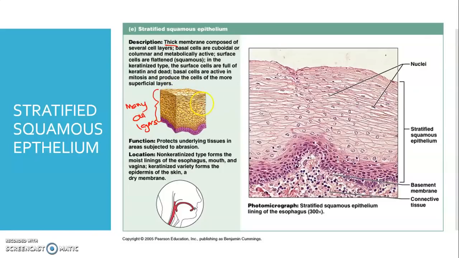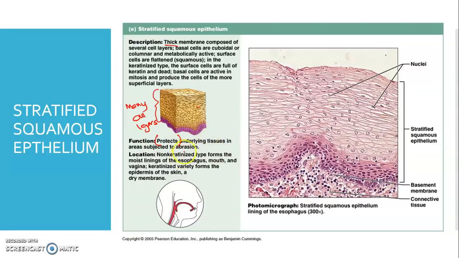All the cells in the squamous are in a flattened shape, and also the disc and nuclei. The function is to protect the underlying tissues that are subjected to abrasion, which means the keyword here is protection.